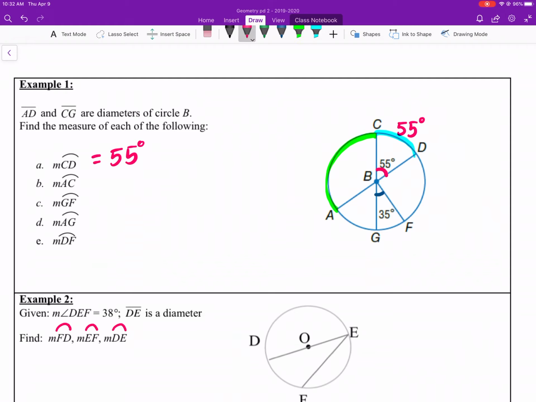Now, that arc right there in green is equal to what this angle is here, because that's the central angle. We could find that angle with a linear pair. So what's the linear pair with that 55 there? See that right there? That's a straight line. This is a diameter. All right. We have a linear pair, two angles that are next to each other on a straight line.